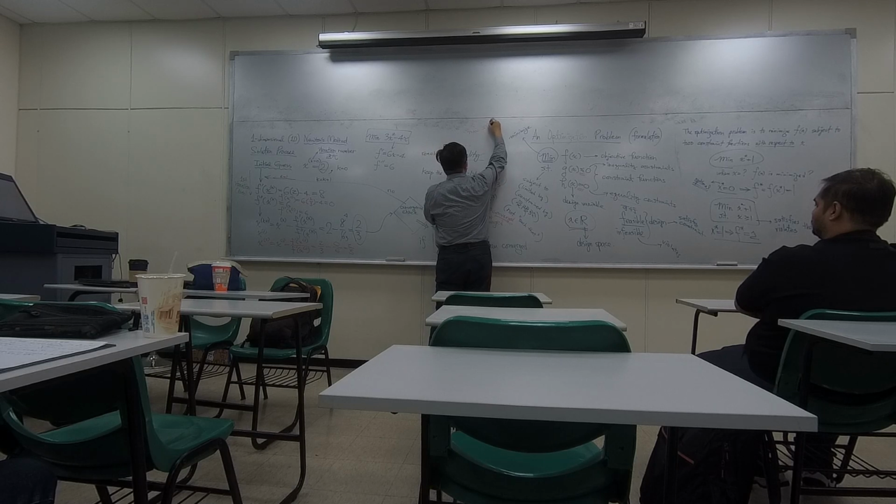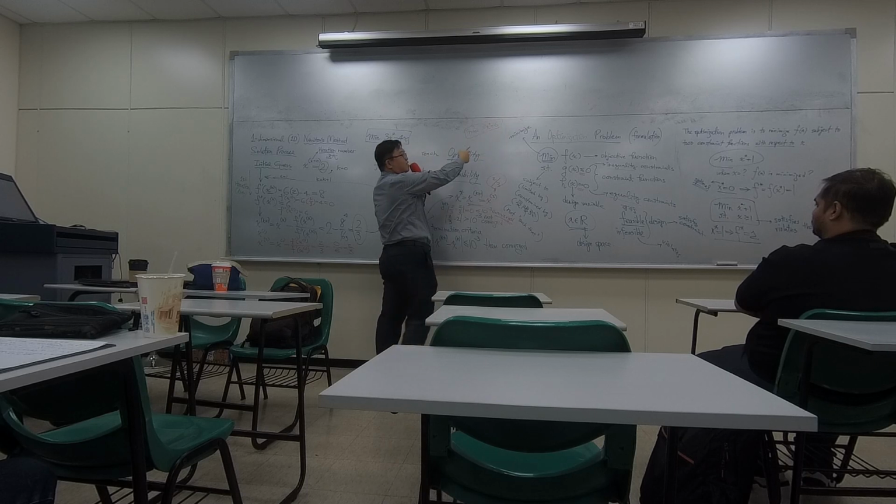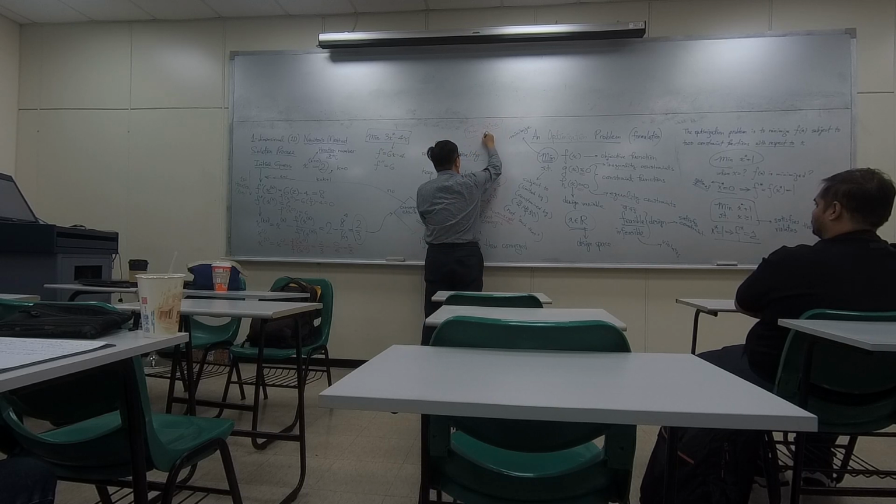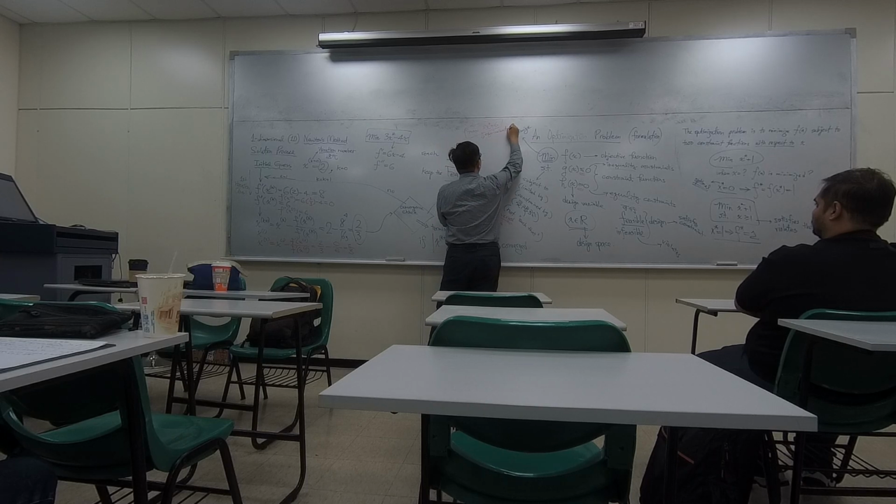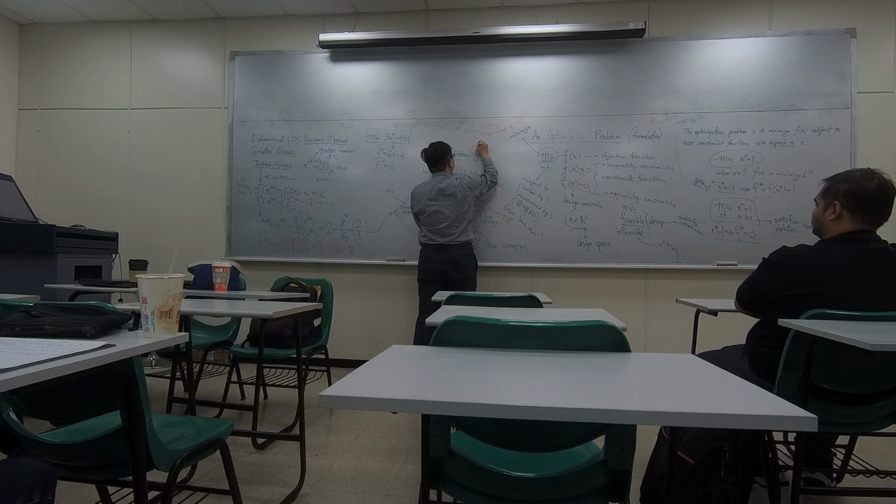Okay, so usually minimizing, and if you want to maximize, for example, you want to maximize negative x to the second plus 6, this is equivalent to minimizing with a negative sign in front of it.